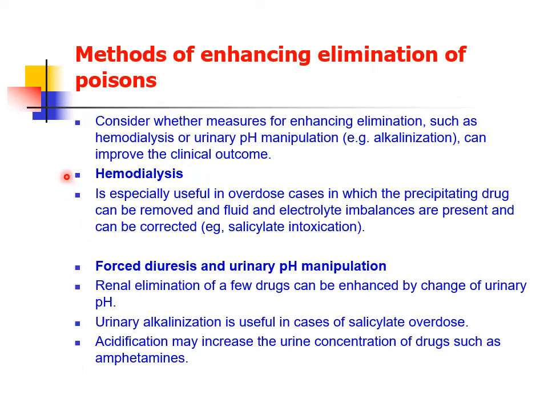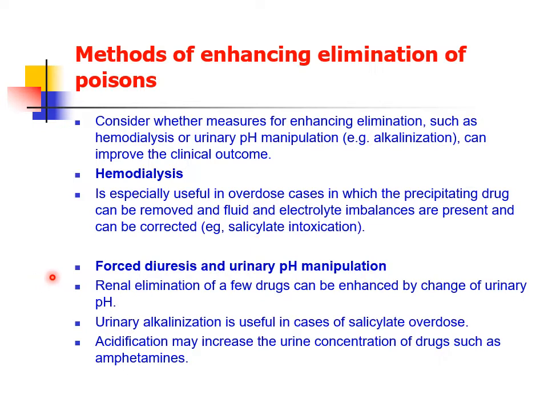Hemodialysis is especially useful in drug overdose cases in which the precipitating drug can be removed. Examples have a low volume of distribution, and fluid and electrolyte imbalances are present and can be corrected. Example, salicylate intoxication. So hemodialysis can be used for treatment of salicylate intoxication.